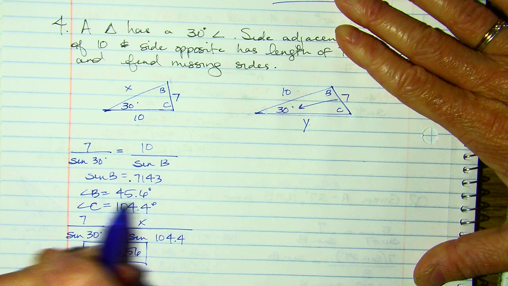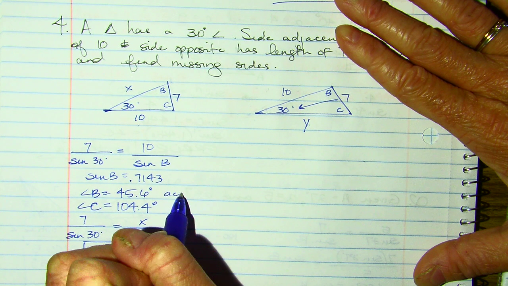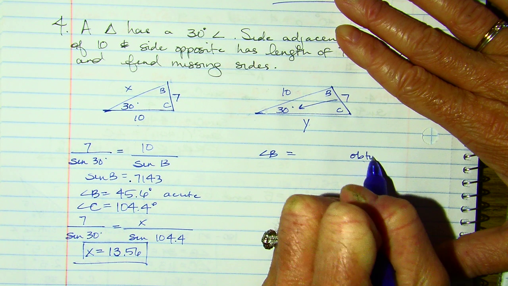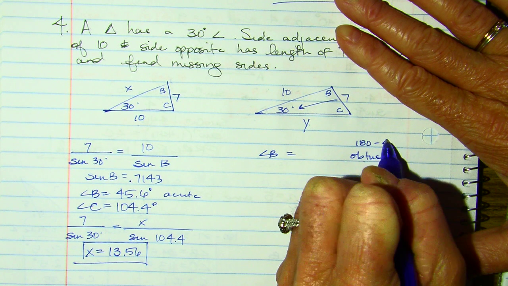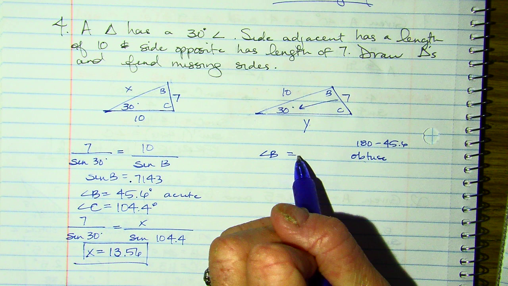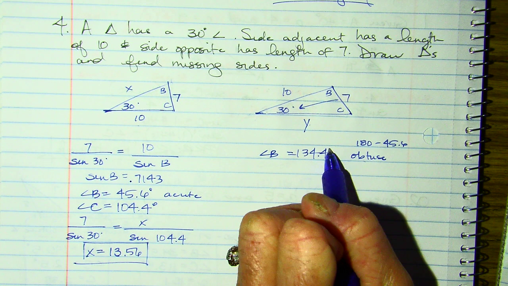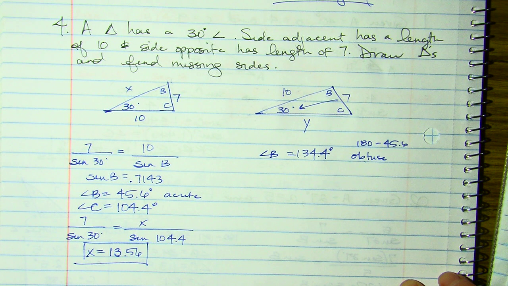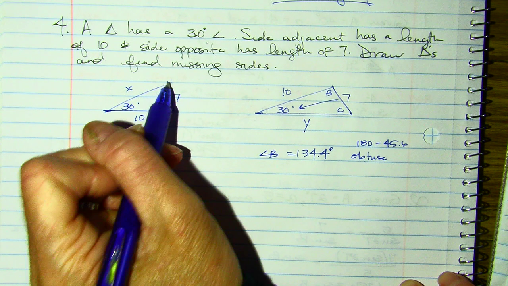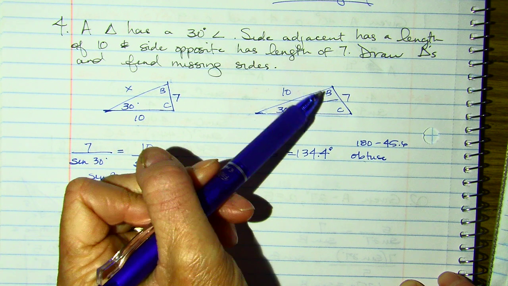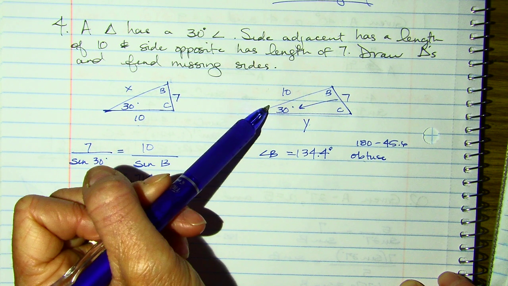Here is the acute version. Angle B, the obtuse version, is just 180 minus 45.6 because that's an obtuse angle. 180 minus 45.6 is 134.4 degrees. So I have to make both scenarios where the angle B is acute, that's one possibility, or if that angle was obtuse and I drew the 10 up here.